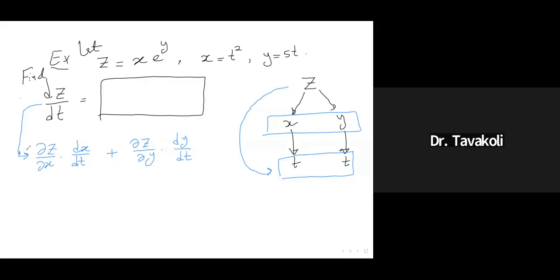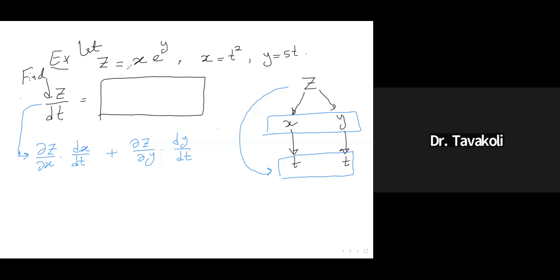Okay, now let's find all of these components and do the calculation. Our final answer must be in terms of only t. So we should be careful that the final answer that I will write inside that box must be only in terms of t. But for now, we do this calculation: the partial derivative of z with respect to x.